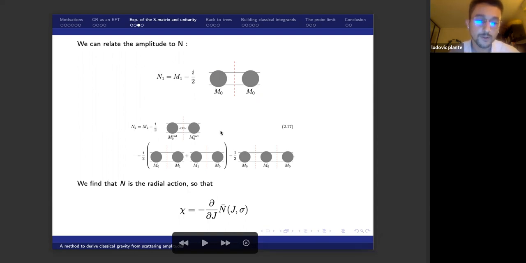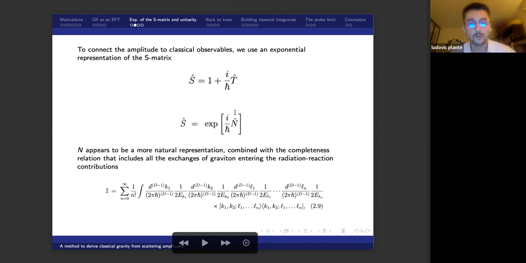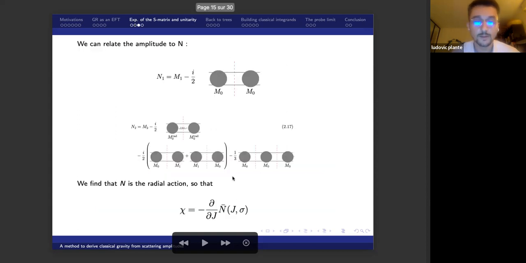At two loop, it works the same way. You have an iteration which is the cube of the tree, and a contribution which is the product of a tree and a one loop amplitude. You also have a new type of contribution, because when you exponentiate and insert your complete set of states, you can insert scalars, obviously, but you can also insert gravitons, and you can start to insert them at two loop.